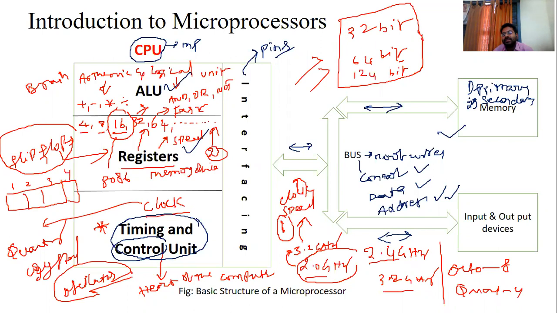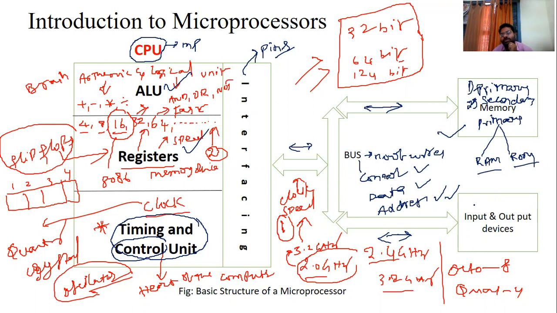Now what is this primary memory? In the microprocessor we are using primary memory, which you can call RAM and ROM: random access memory as well as read-only memory. What are some input output devices?